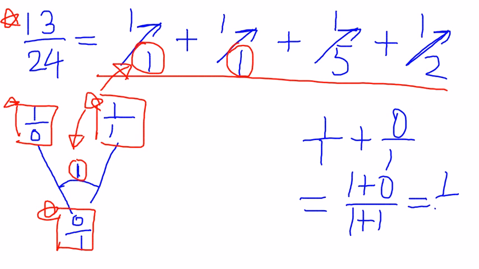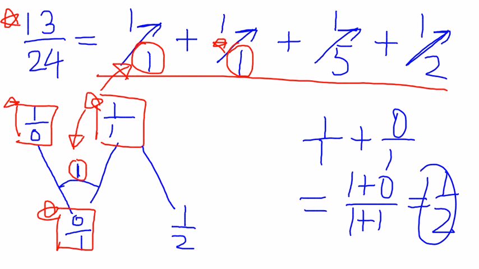Now you get 1 over 2, which is the updated number, and again you put it back into the strip here. Again look at the top of the continued fraction decomposition. Now you put a 1 here.